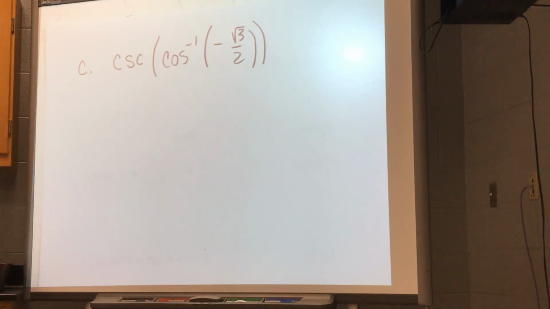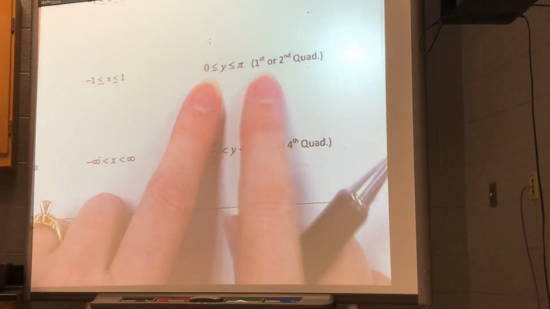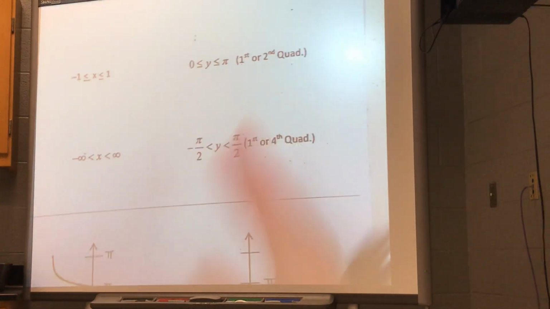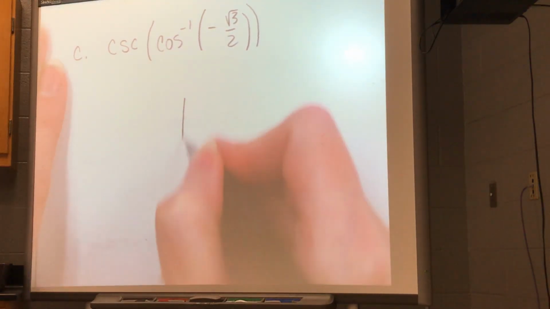Okay. So this time, we're doing the inverse cosine of a negative. So I'm going to flip it over real quick. So for the inverse cosine, we have to use angles either in quadrant 1 or quadrant 2.